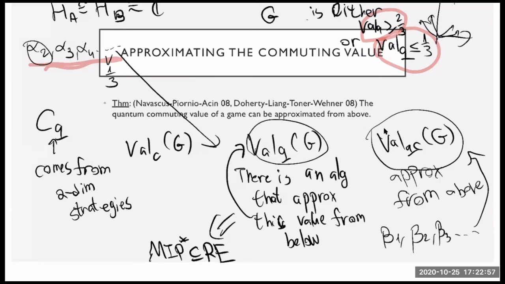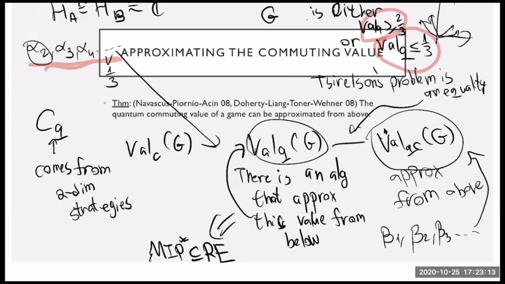Note that if Tsirelson's problem is an equality, then in particular these numbers are the same. So you can approximate the quantum value from below using this algorithm, and from above using this algorithm, because these numbers are the same.